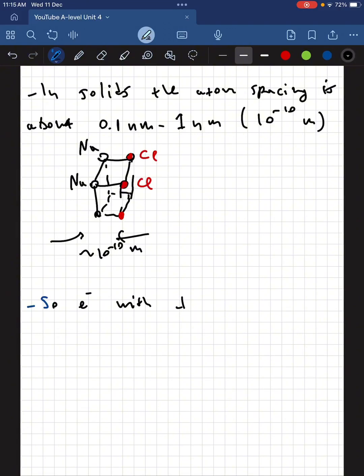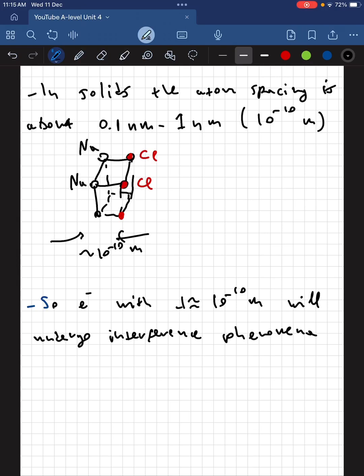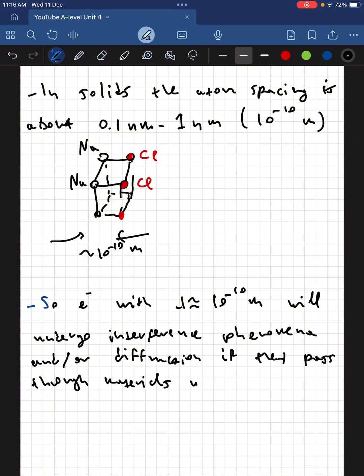Electrons with lambda of about 10 to the negative 10 meters will undergo interference phenomena and/or diffraction if they pass through materials with spacing of 10 to the negative 10 meters.